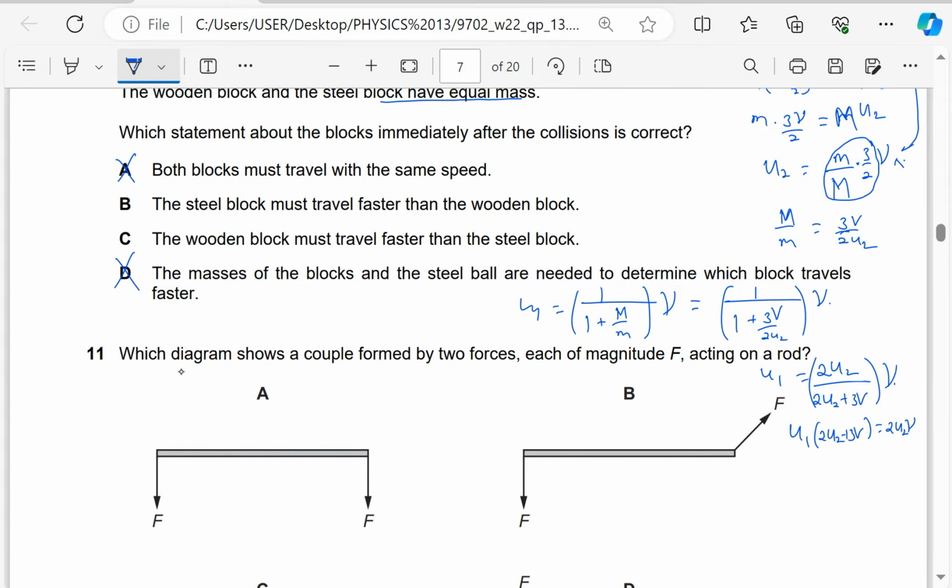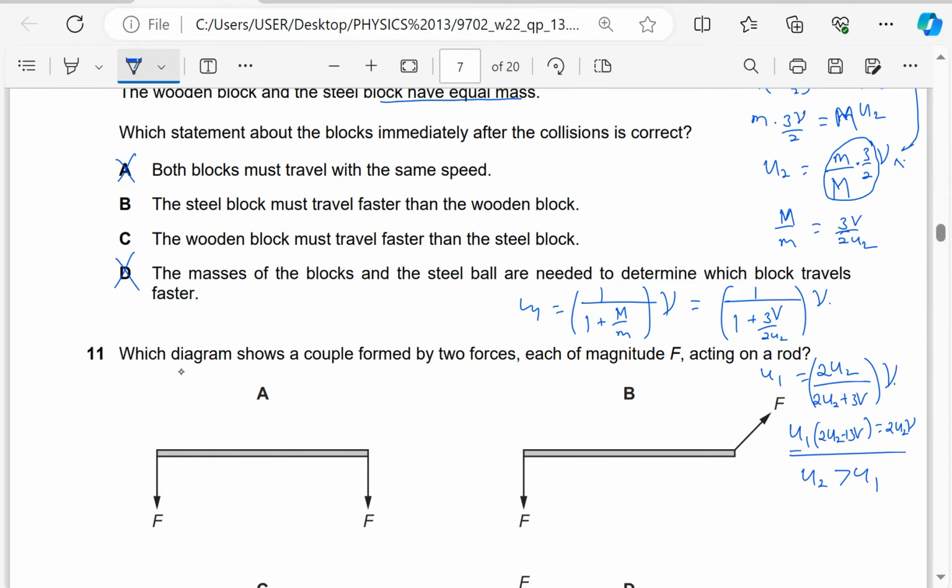When I collect like terms here, if you're a mathematician, you notice that when you look at these two expressions, U2 is actually greater than U1.